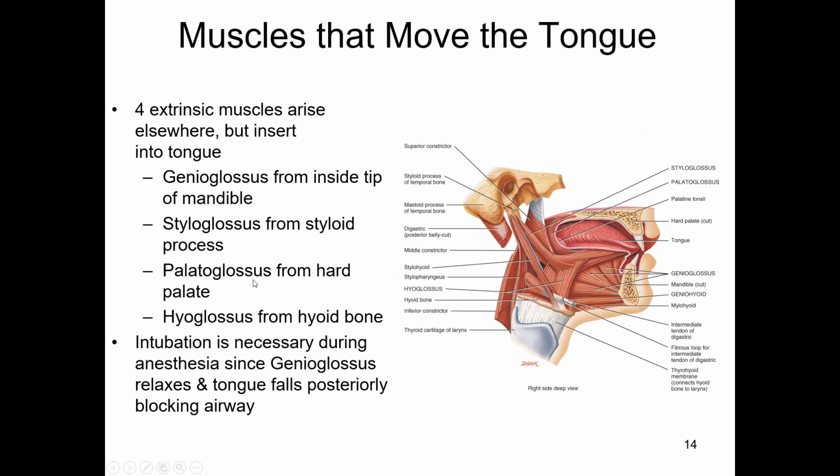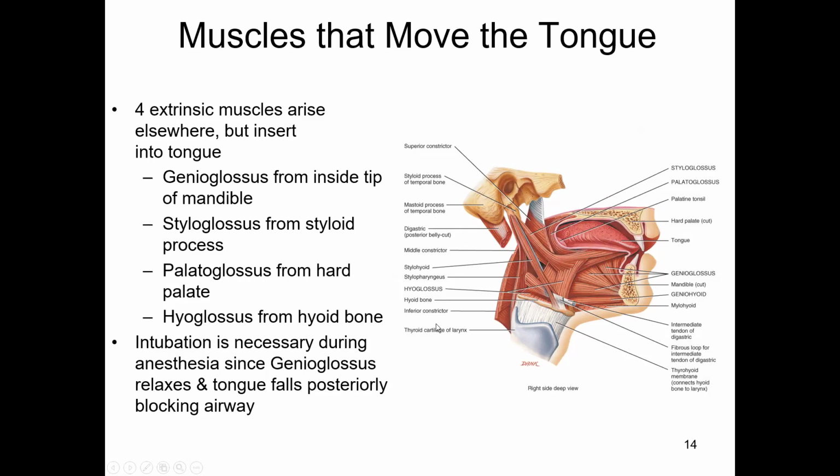Palatoglossus, this is probably the weirdest of the muscles of the tongue, originates from the hard palate. Take a look here. From the superior aspect of the oral cavity, this muscle curves around on the side of the oral cavity and inserts into the tongue from below. So this is palatoglossus.